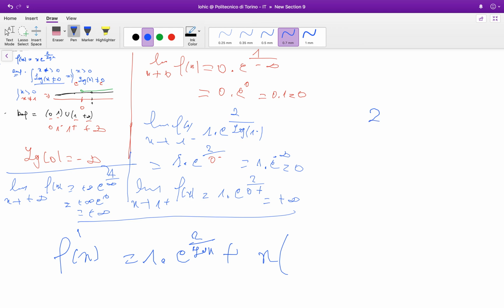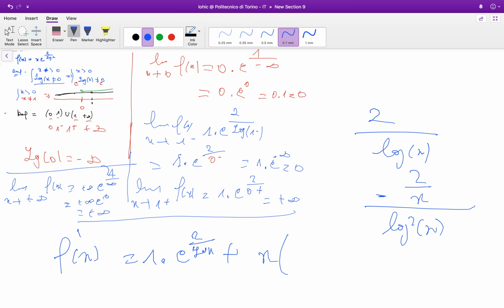So we want to derive 2 over log of x. The derivative will be this one square, so it will be log square of x multiplied by the 0 times log of x, which is 0, minus the derivative of log of x, which is 1 over x, so it will be like this.